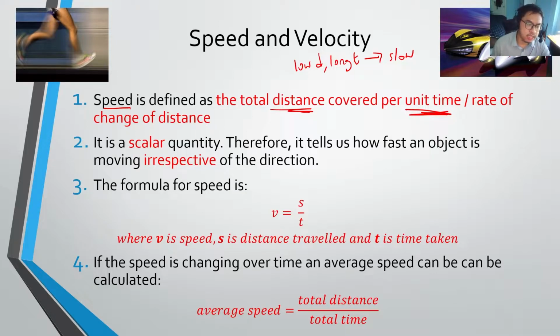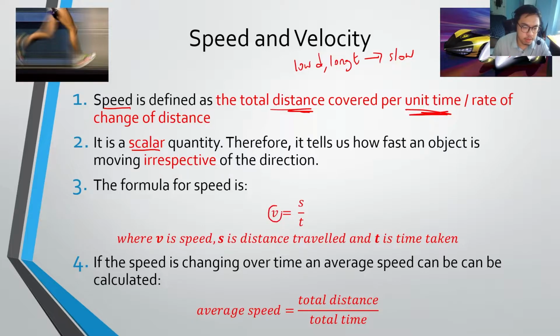Now, speed is a scalar quantity. That means you don't have to think about direction when you're talking about speed. Therefore, it only tells us how fast an object is moving, irrespective of direction. There is a formula to calculate speed, and this formula you have to remember.